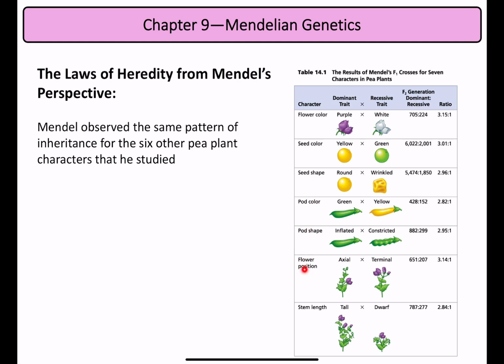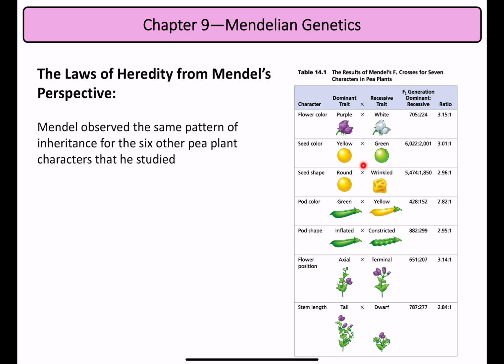He did this same experiment, starting with the P generation, true breeding, to the F1 to the F2, for 6 other traits. For instance, this one, where he saw yellow seeds were dominant to green seeds. So he crossed those 2, the true breeding parents, and he got 100% yellow F1.